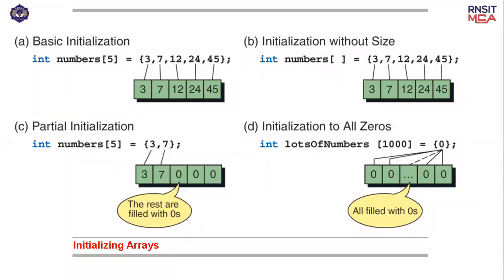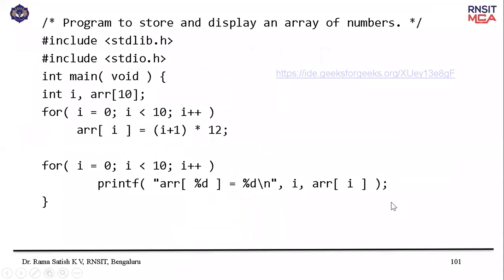Here comes the first demo program. In this demo program, you are creating an array called ARR, and you are using an iterating variable i. The i value varies from 0 to 10. Every time, you are storing in arr of i, that is arr of 0, the first element, (i plus 1) into 12.